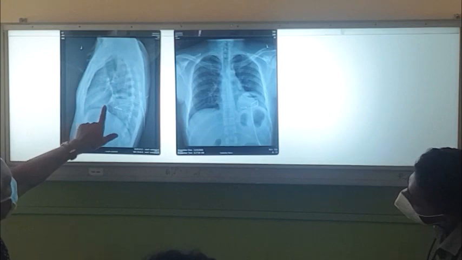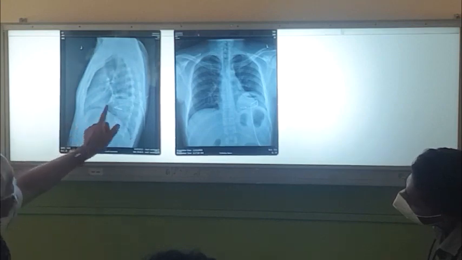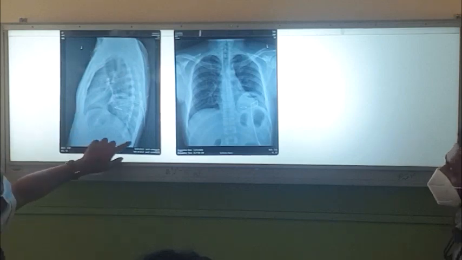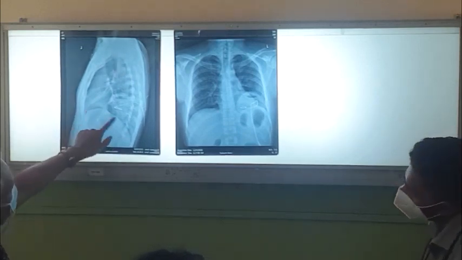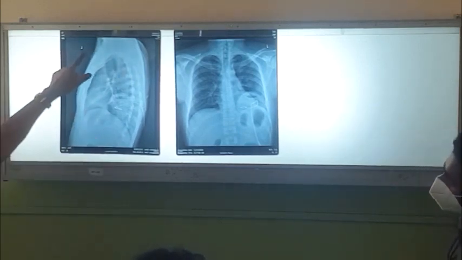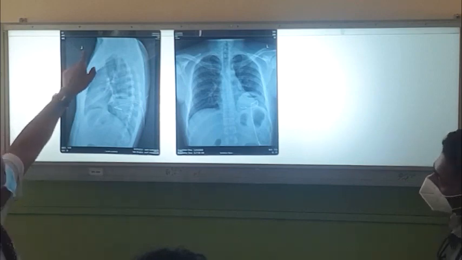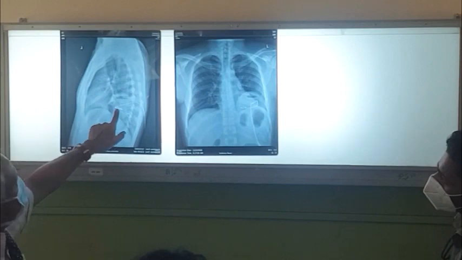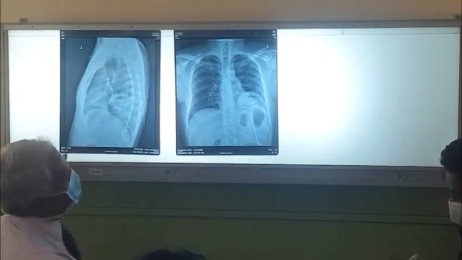This part of the left diaphragm you can't see because of the abscess. This part you can't see because of the cardiac shadow, right? But you can see the right hemidiaphragm nicely. So this is the left, this is the right, and we have inserted the pigtail catheter there.